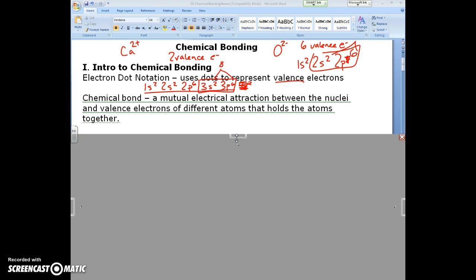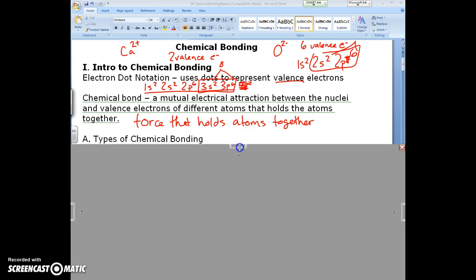So really, a good working definition for a chemical bond is that it is a force that holds atoms together. Whether that be an attraction between positive and negative, or whether they end up sharing electrons. That is a force that holds atoms together that makes them more stable.